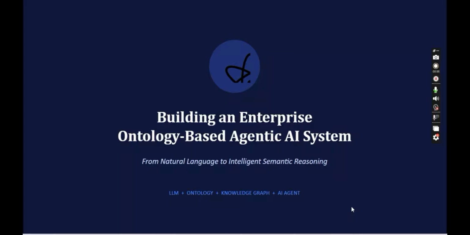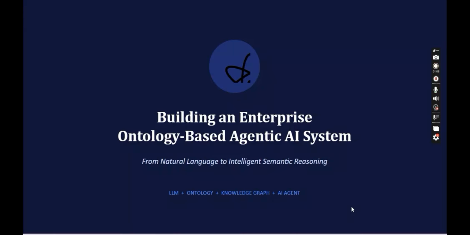This is the subsequent follow-up of my course part 1, that is building healthcare ontology systems with Protégé, OWL, RDFS, Apache Jena, Fuseki, for SPARQL languages. If you don't have any prior knowledge about all these, then it will be difficult for you to understand this specific course, that is building an ontology-based agentic AI system from natural language to intelligent semantic reasoning.